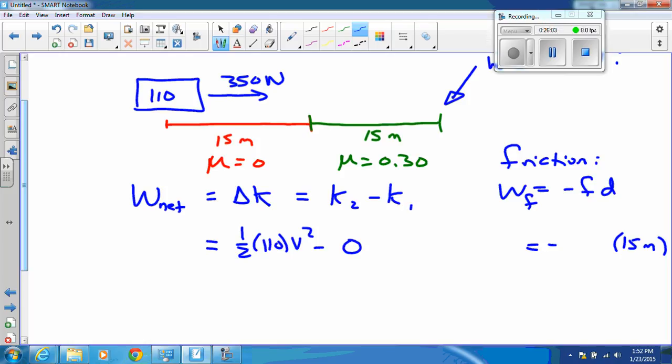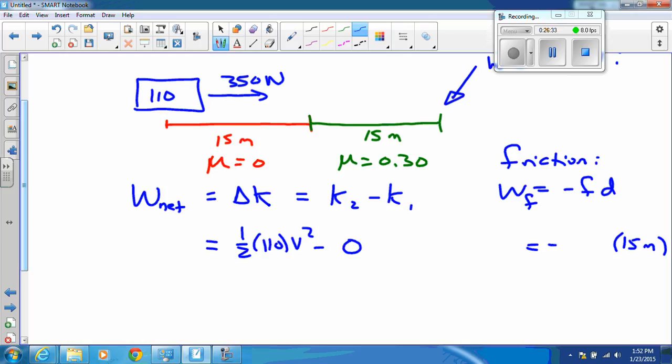What's your frictional force? Would we have to use the sum of all, or would it just be 350 in the opposite direction? That's a really good question. He is confused about what the frictional force would be. Somebody tell me what needed to happen for him not to be confused here. Labeling.